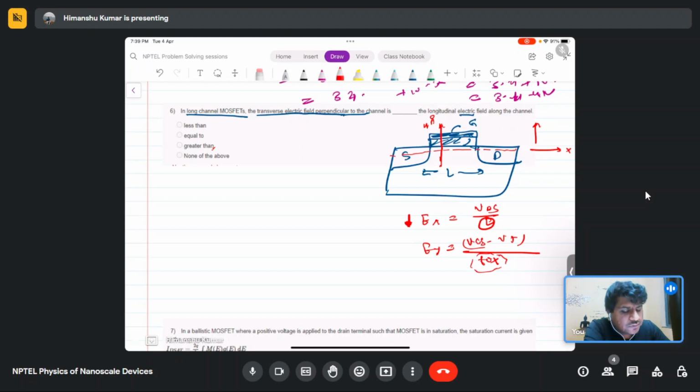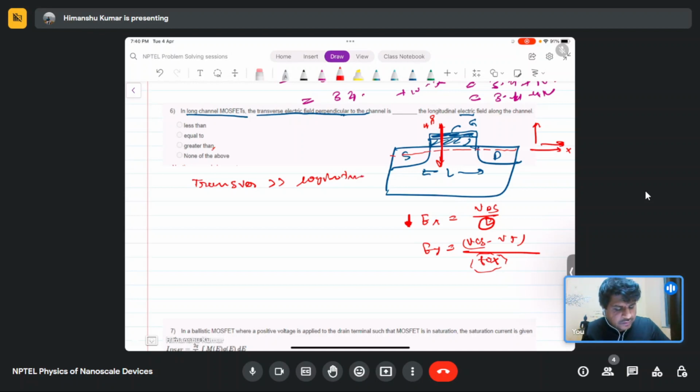This field we call the transverse field, and this field we call the longitudinal field. So the correct answer is that the transverse field will be much greater than the longitudinal field.